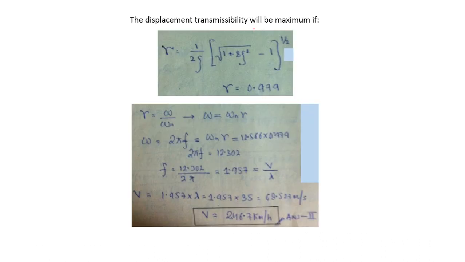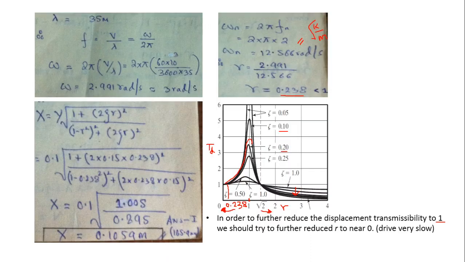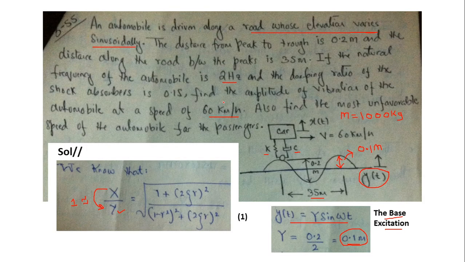The displacement transmissibility will be maximum. So you see that there are some peaks here, and at these peaks the displacement transmissibility is maximum, and when it reaches maximum, then it will be very inconvenient for the passengers. So the next part of the question was to find the most unfavorable speed of the automobile for the passengers.